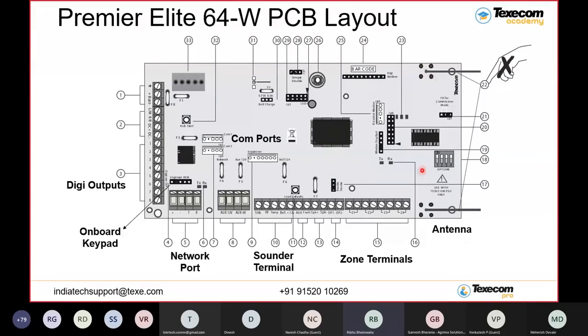But you can see there are two antennas. This part is called a wireless receiver, which will give you 32 wireless zones. Correct? And on the bottom side, you have 4 wired zones for the wired sensors connection.